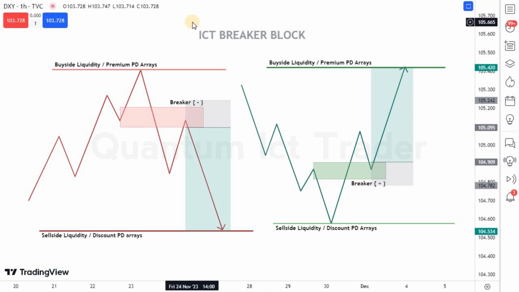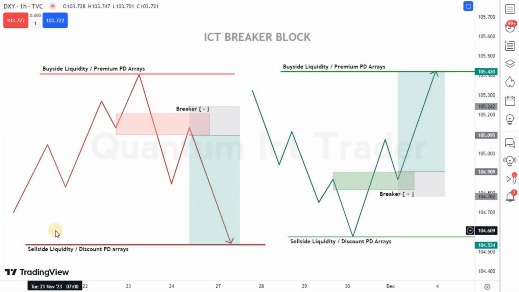I'm going to break down every detail about ICT breaker block, and you will understand when your ICT breaker block is likely to be respected and when it's likely to be disrespected and price is going to go against it. So yeah, after watching this video you're clearly going to understand what ICT breaker blocks are. So yeah, let's get started.